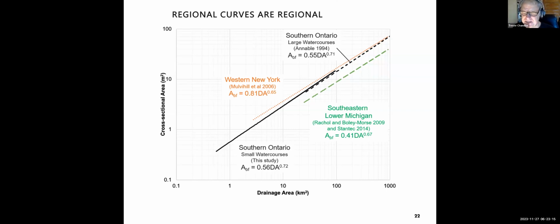And I think that's because they get a lot less rainfall in southeastern Lower Michigan. So that can be explained through differences in rainfall, which is why it's important to know what the rainfall is in your area and make sure that you're not crossing over any regional boundaries that might affect bankfull size.